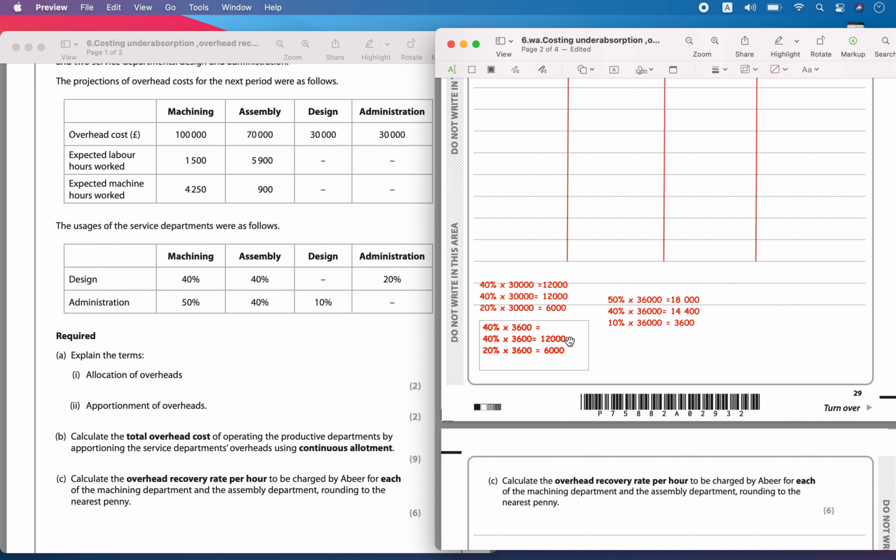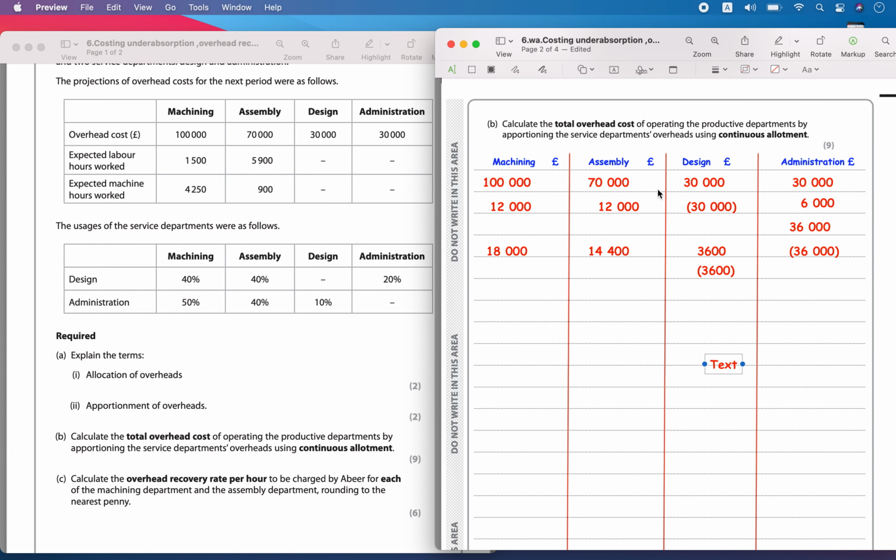Let's calculate the values. 40 percent of 3,600 is 1,440, the next one is also 1,440, and the third one is 20 percent of 3,600, which is 720.